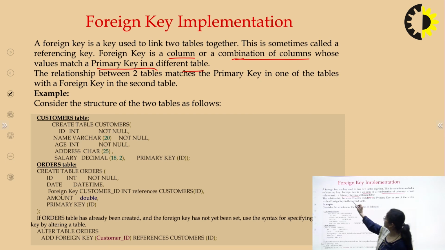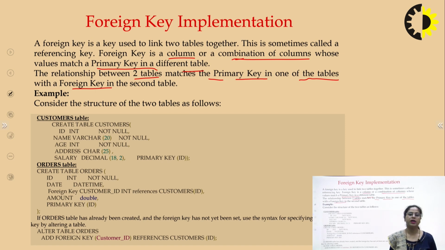The relationship between two tables matches the primary key in one table with the foreign key in the other. If I have two tables, having two primary keys in one table is not allowable, so we use the foreign key here.